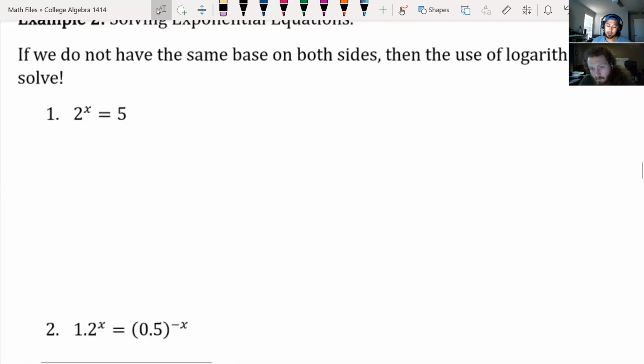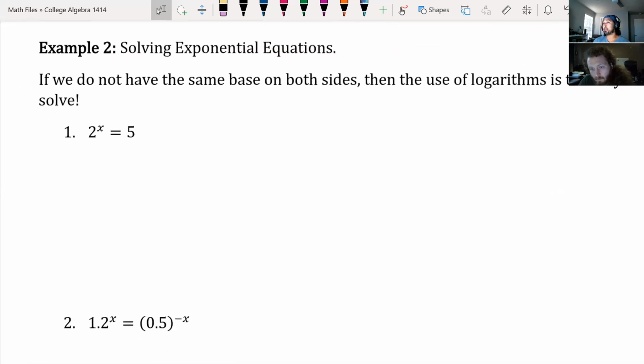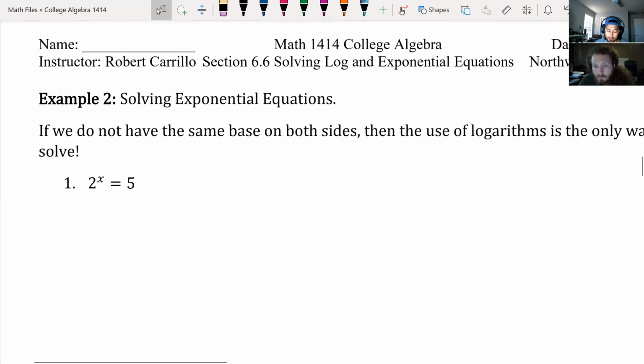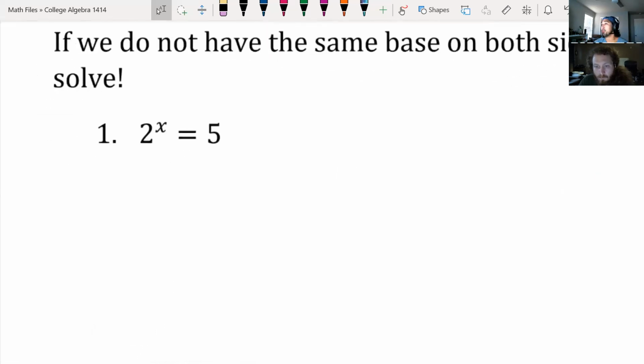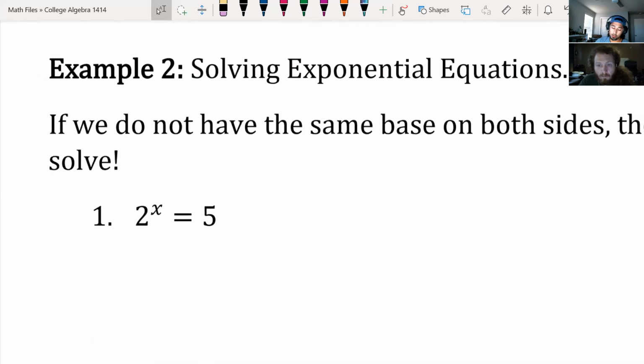Okay. So here we solve exponential equations. Remember, if you're stuck in exponential form, you can always convert to logarithm. So number 1, we have 2 to the x equals 5. To solve for x, we're going to convert this from exponential to logarithm.